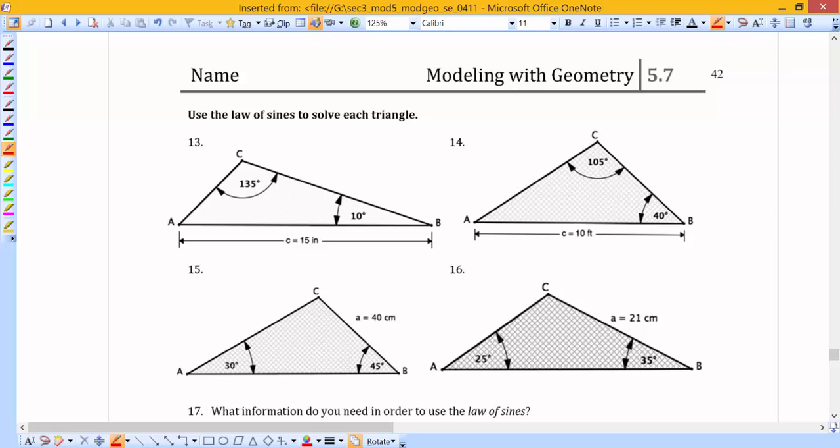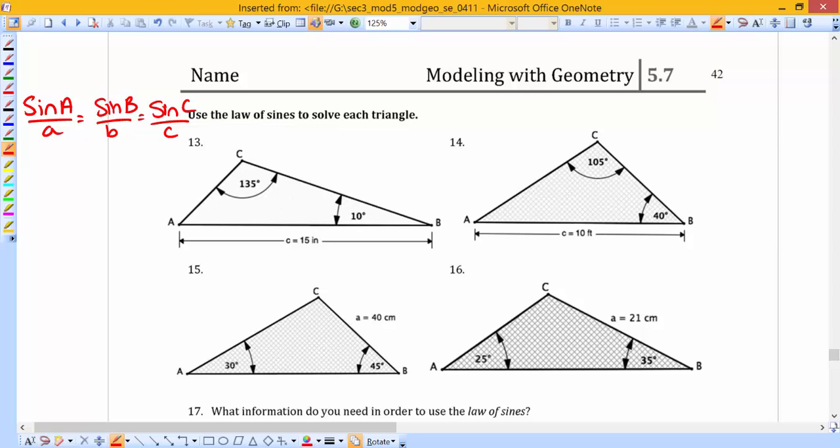The law of sines. So I'm going to write this again. Sine of A over A. Sine of B over B. Sine of C over C. Capital letters, capital A, capital B, capital C, those are your angle measures. Little a, little b, and little c, those are your sides.